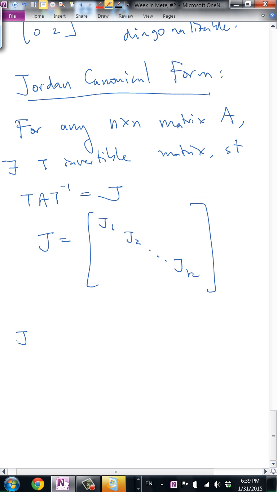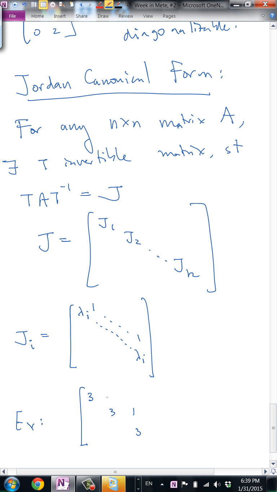And each individual block, let's say the ith block, has this very special form of the same value on the diagonal and ones just on the off diagonal. So for example, the matrix with 3 on the diagonal and 1s above it is a 3 by 3 Jordan block.